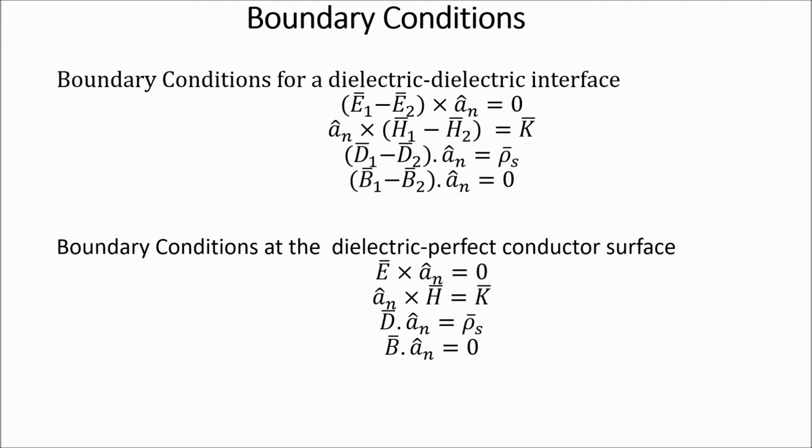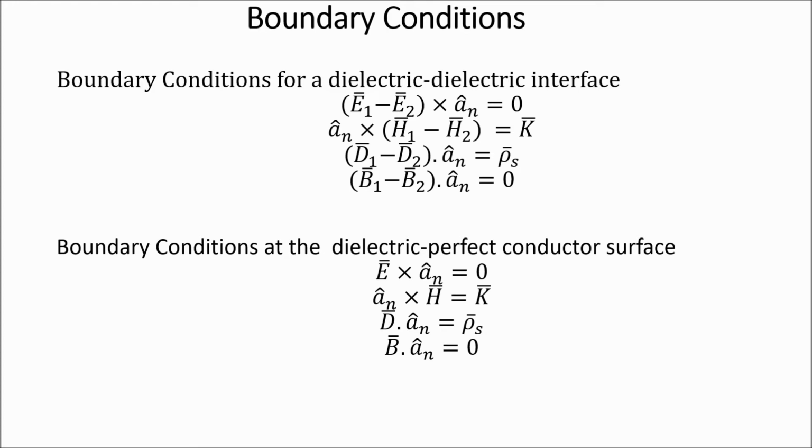So if the electric and magnetic field parameters are 0, then in the above dielectric boundary equations you can substitute E2, H2, D2 and B2 with 0. If you substitute these components as 0 in the first set of expressions, you can easily come up with the second set of equations.